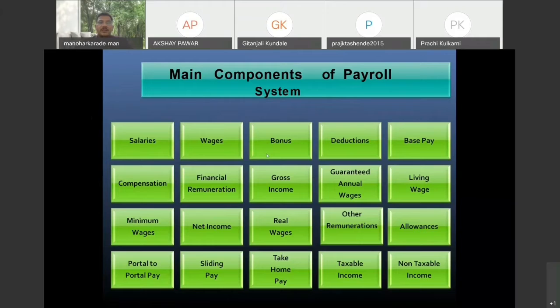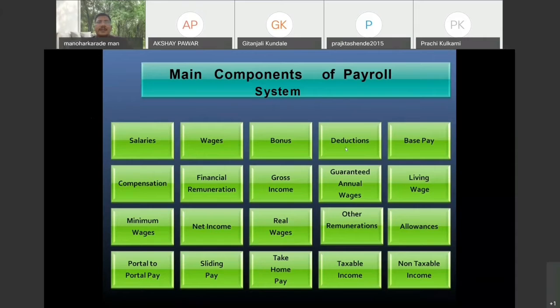Then certain bonuses which we have already discussed under the Bonus Act. So what would be the bonus, how it would be, what would be the percentage, that we have already discussed. And the bonuses which are going to be issued have to be taken into consideration while determining the payroll system.